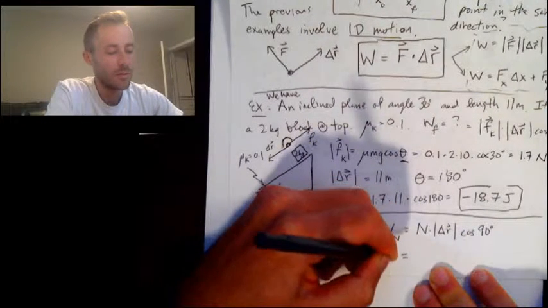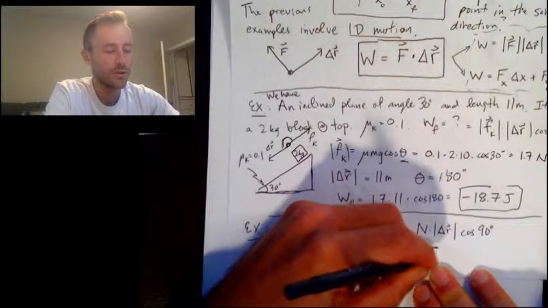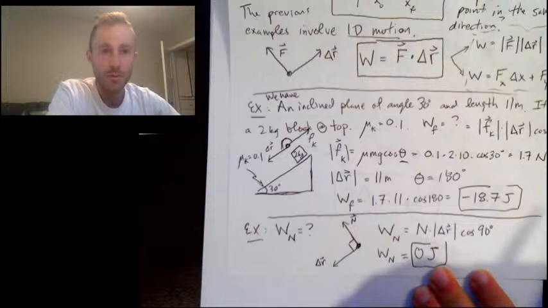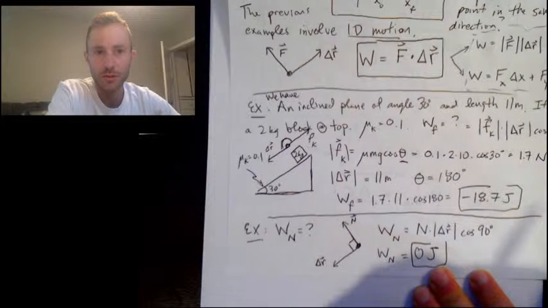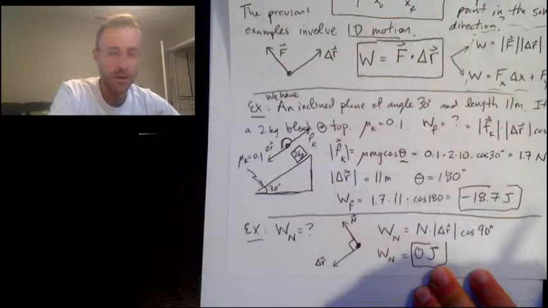So in most situations, the normal force actually does 0 work. There are some situations where the normal force does do work, and I'm going to wait about 30 seconds to see if someone can type into the chat a situation where the normal force does do work.